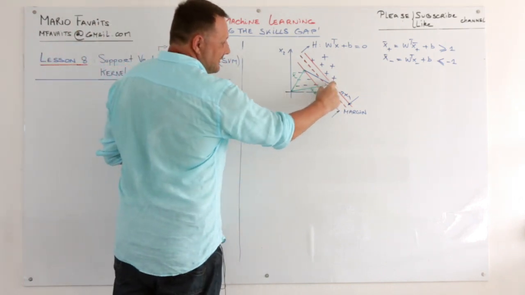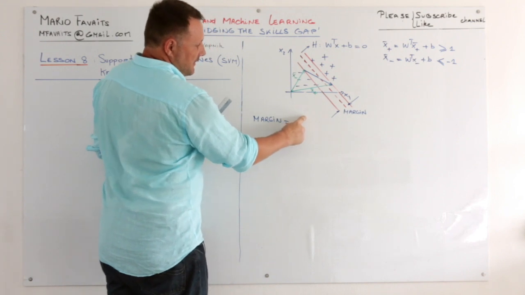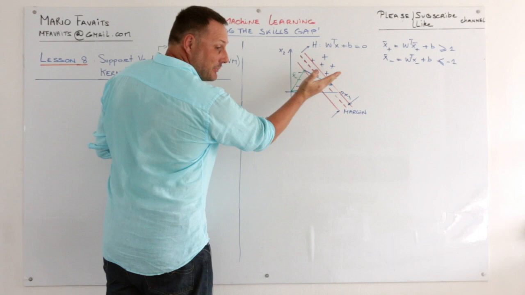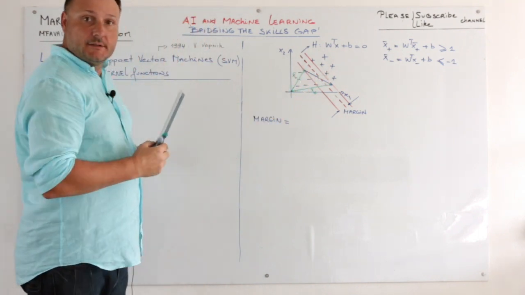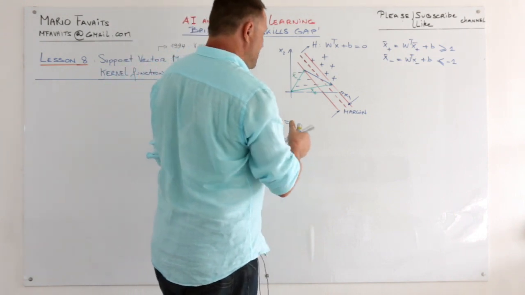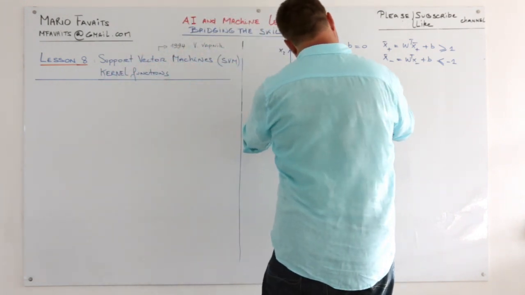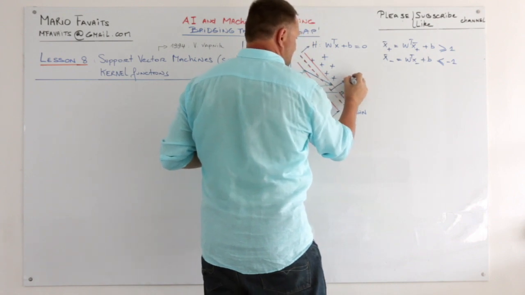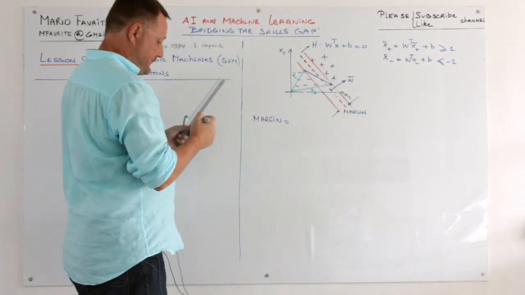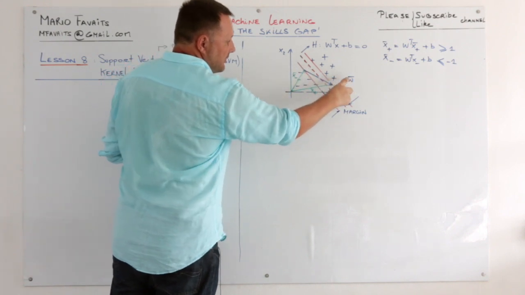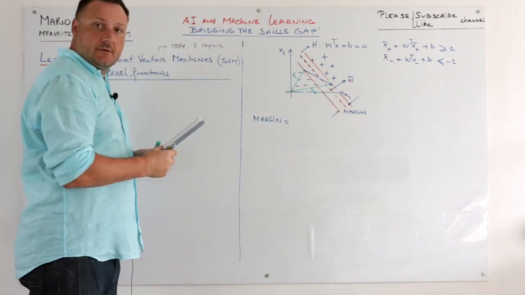Well, how do we get the width? By projecting this blue vector onto something that is perpendicular to that. So remember, we had our unit vector here, W. If I project this vector onto W, I have exactly the width.